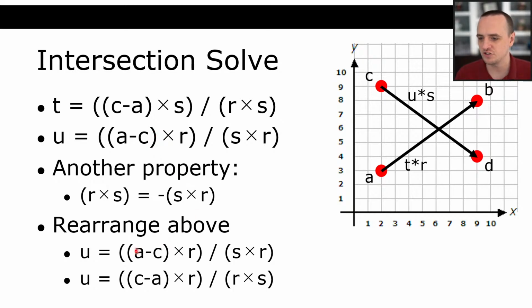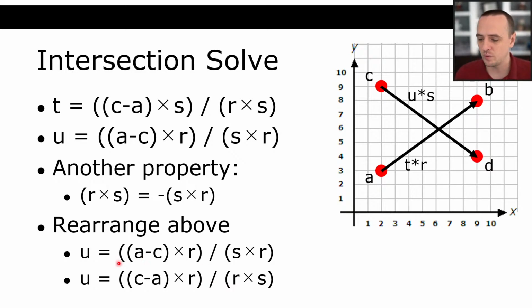We can rearrange the above. So where we have, for example, (a − c) × r, we can replace it with a negative (c − a) × r. So there's a negative out here right now. But over here, what we're going to do is flip this and put a negative outside. So those two negatives cancel.